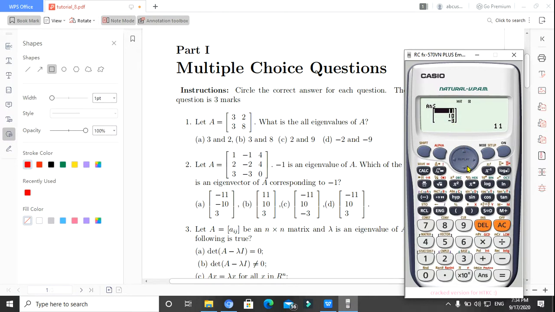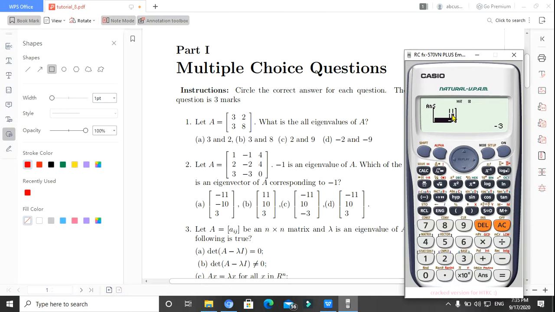The result will be -11, -10 and 3, which is same as this option A. So this option A is the required eigenvector when the eigenvalue is -1 for this matrix A. If this is not the correct answer, then the result after dividing by -1 will not be same as the given matrix.